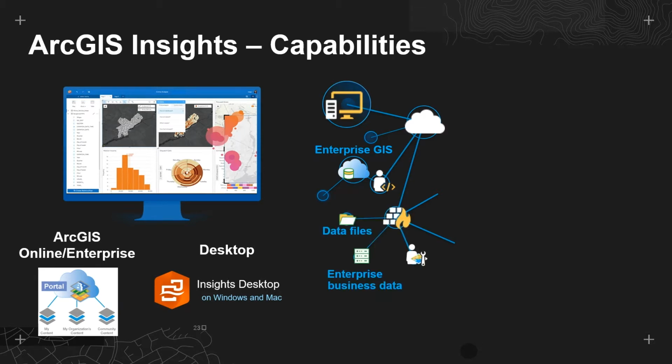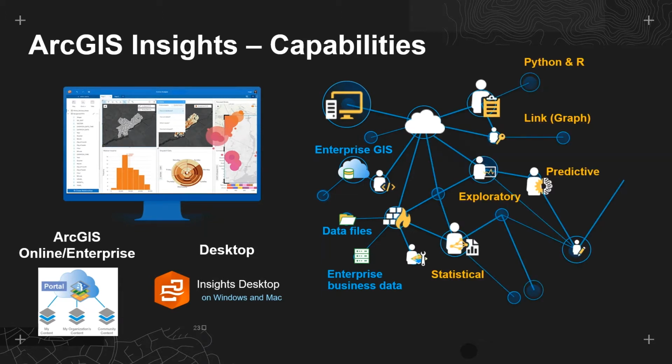You can also bring in your own local data files, such as Excel tabular data, CSVs, or configure your access to your organization's data servers. In terms of analytics, Insights delivers a broad range of self-service analytics tools which scale from the basic to more advanced usage.